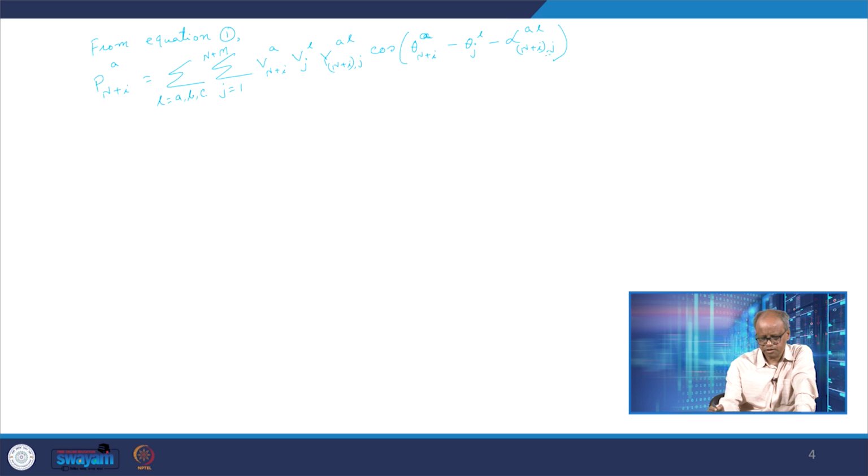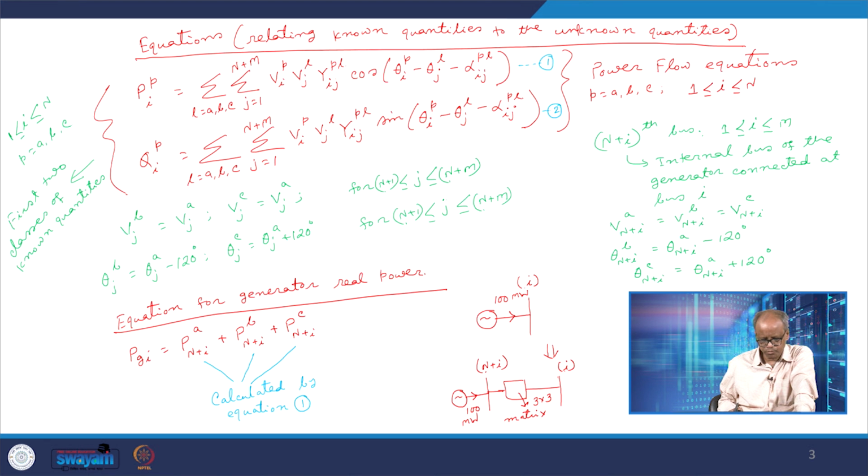So that is the expression. Just in equation 1, if I put i equal to n plus i and p equal to a, I get this. Now here we have to take into account one very interesting fact.